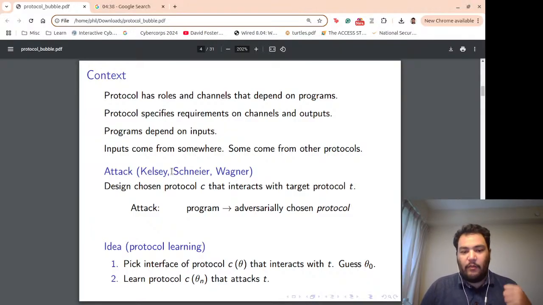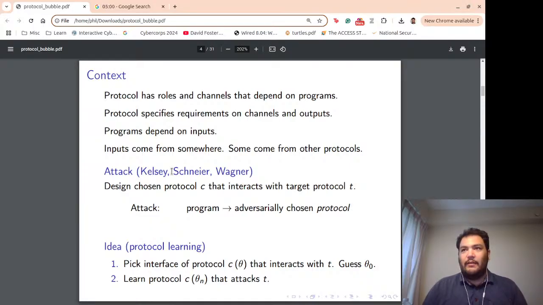And so I think there were three big ideas in their paper, and the two big ones are in the title. One is protocol interactions. So one of the big ideas is that protocols can interact with each other in ways that maybe neither of them have explicitly considered. So that's one.